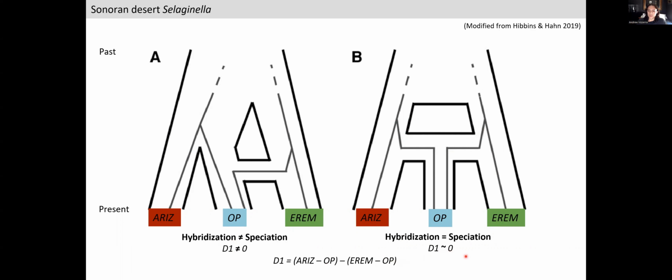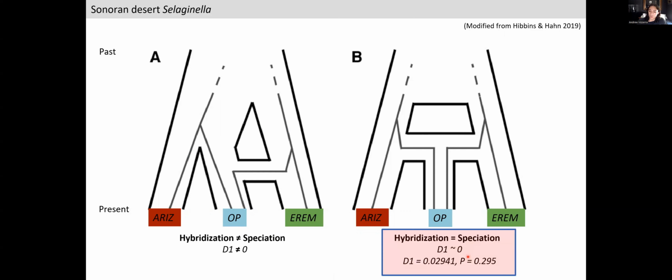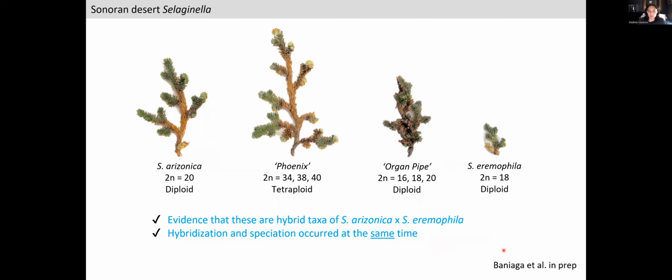Whereas in the null model, that D statistic is going to be pretty darn close to 0. And when we perform this analysis, what we find is that there is evidence that hybridization and speciation are occurring at the same time, which is great. We have evidence that these are hybrid taxa of Selaginella arizonica and eremophila, and that hybridization and speciation occurred at the same time.